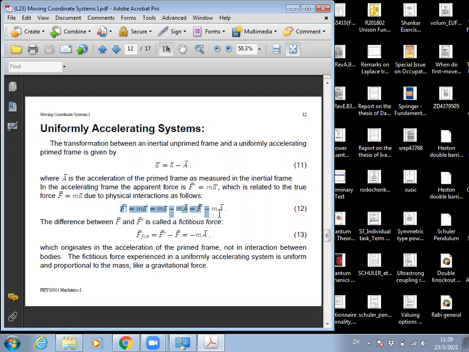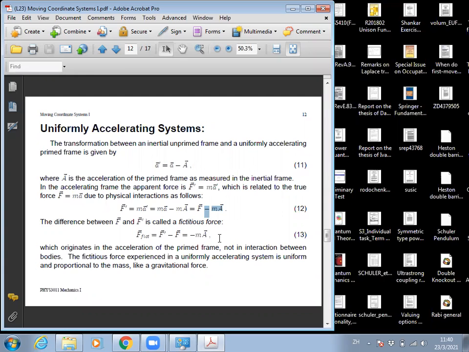You can see that, in order to be consistent, the force observed in the accelerating frame differs from the force observed in the inertial frame by a quantity given by minus m times the uniform acceleration, vector A, right?